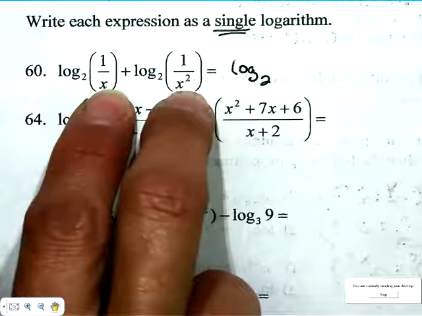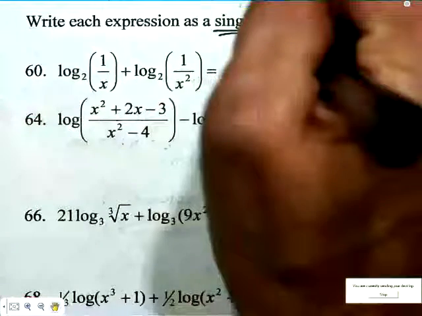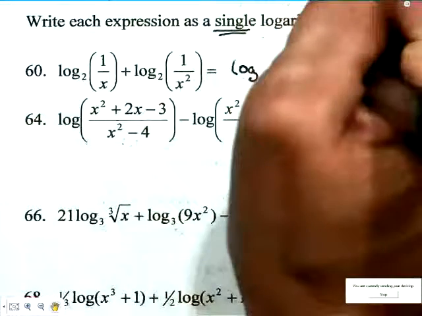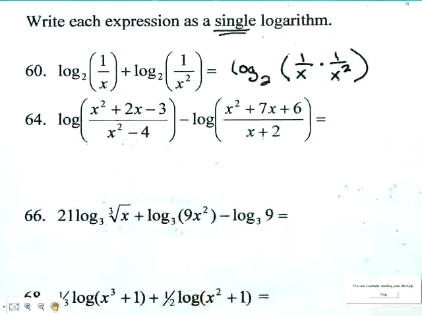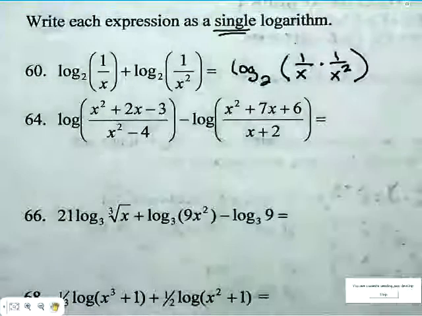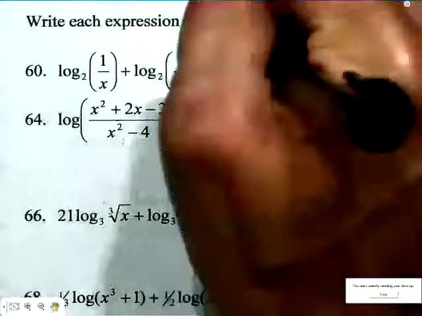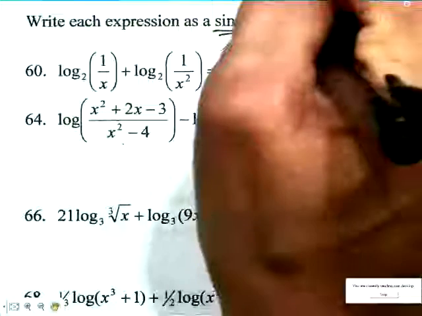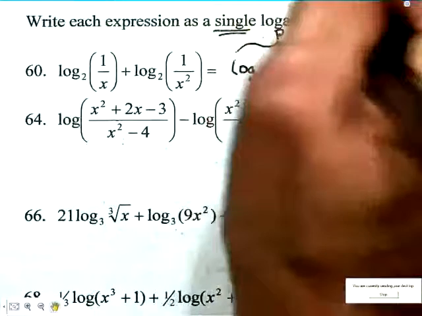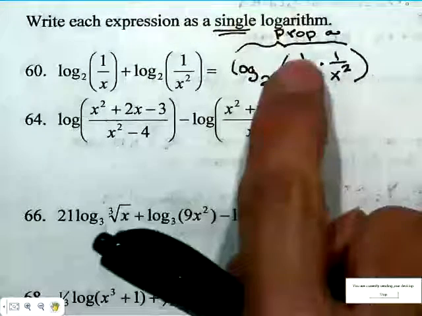Yeah, the sum of two logs is put back together by multiplying the arguments. I don't mean exponents, I mean arguments. I'm sorry. That's using property A in reverse, and you can check it by using property A going forward.